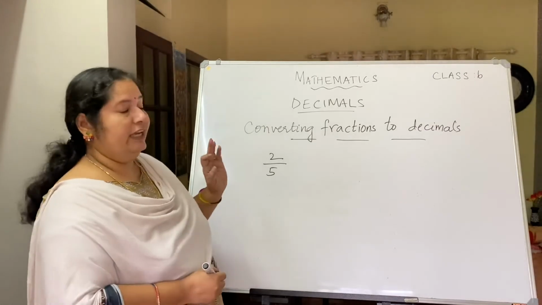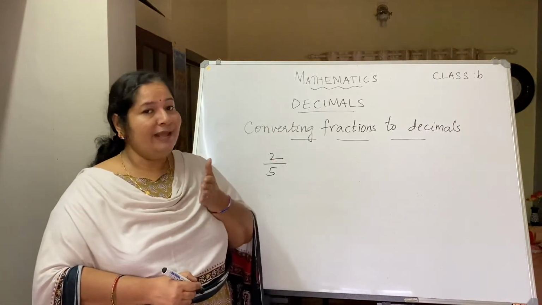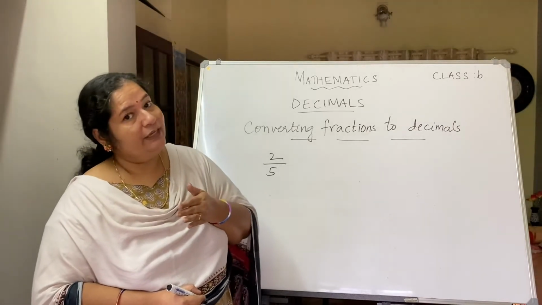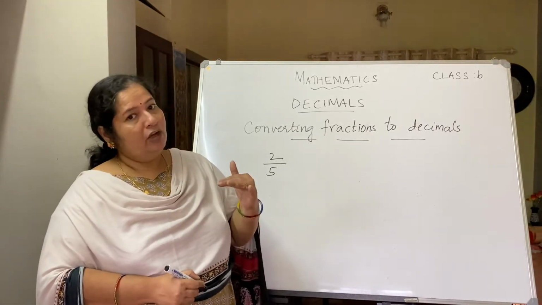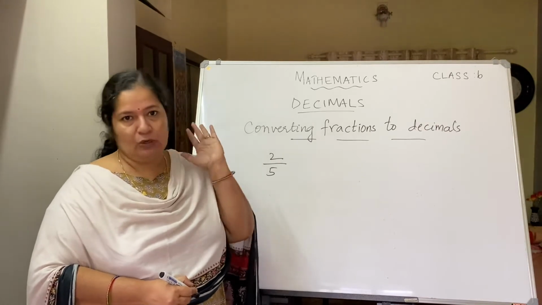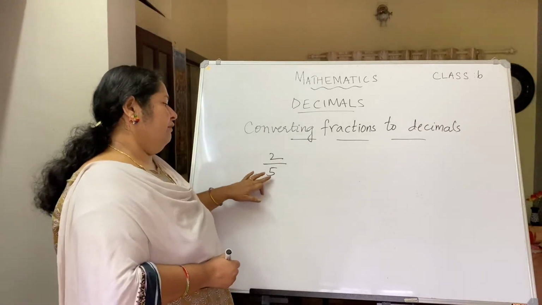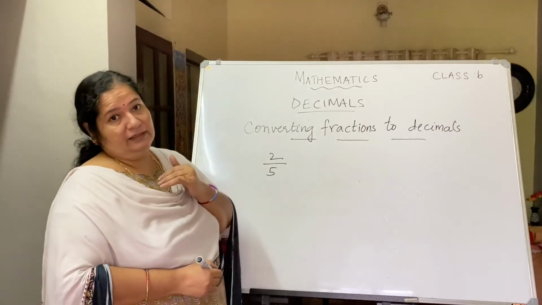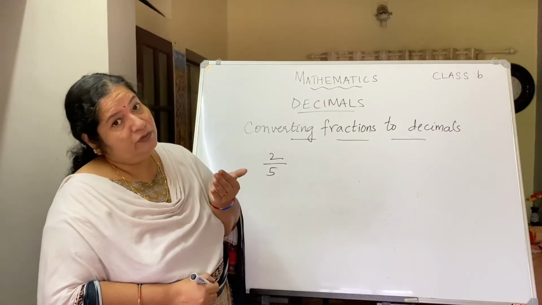So here it is 5. 5 is nearer to 10. So you can convert this 5 to 10 because 5 is a factor of 10. We want our denominator to be 10, 100 or 1000. So to convert 5 to 10, with what should we multiply? Yes, 5 into 2 is 10.